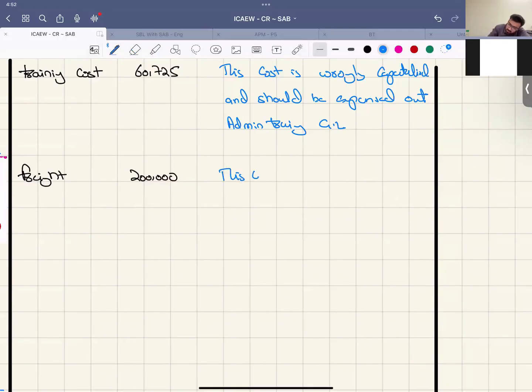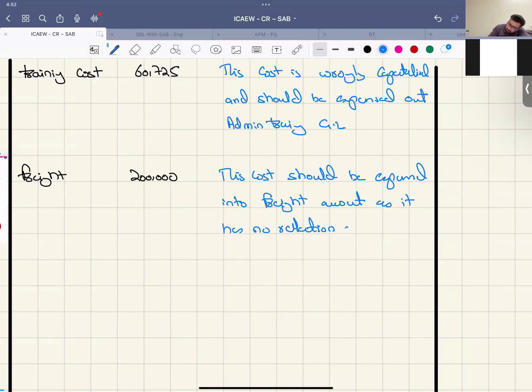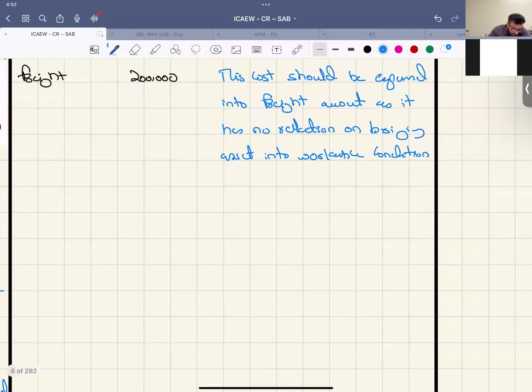This cost should be expensed into freight account, as it has no relation to bringing the asset into workable condition.